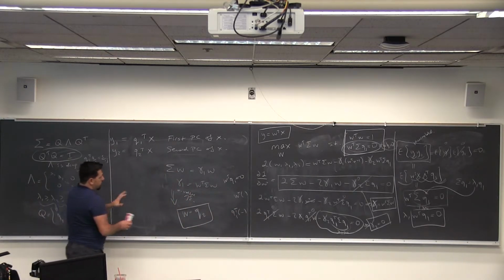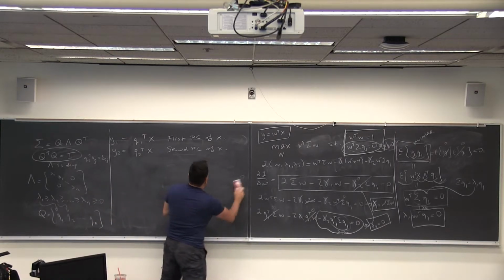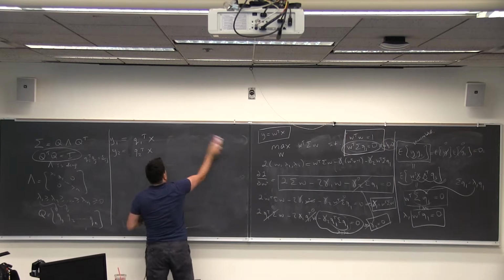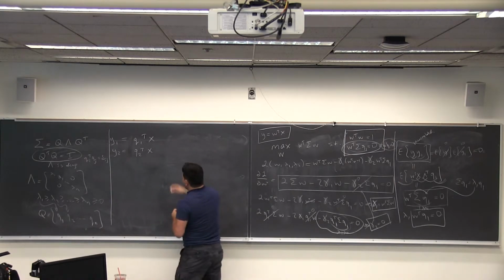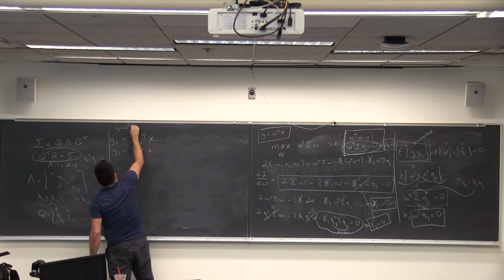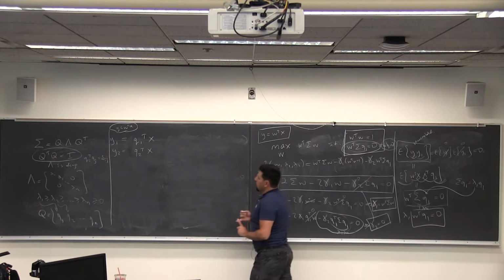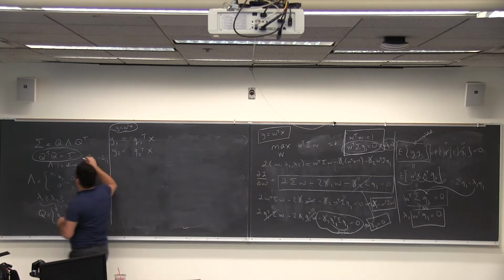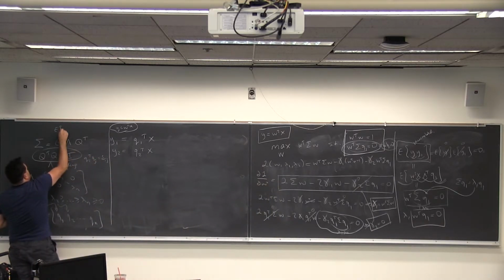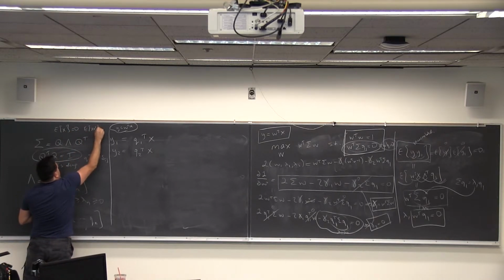Okay, let me summarize what we did. We're looking for linear projections of this type, W transpose X. Remember, X is zero mean, and the expected value of X X transpose is sigma.